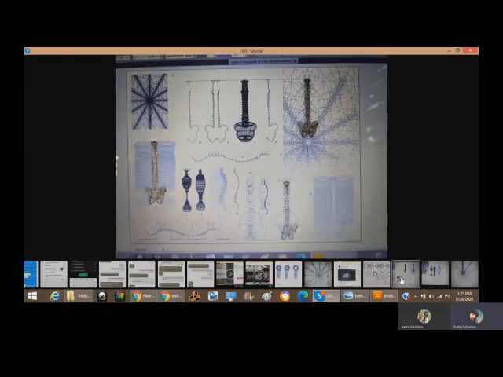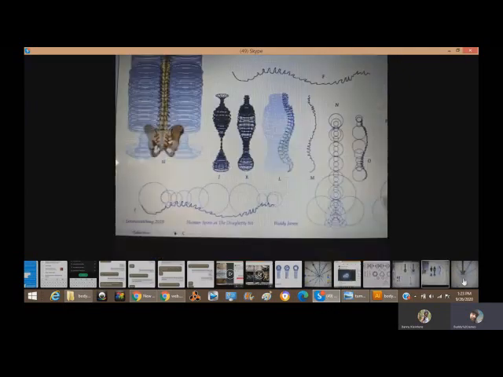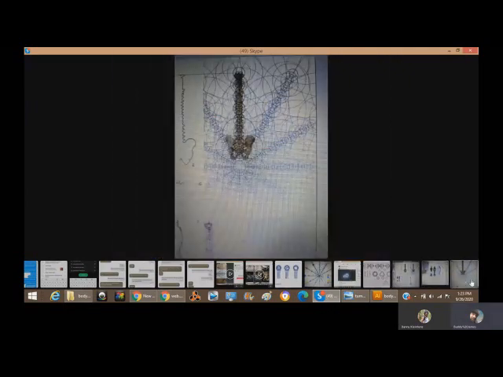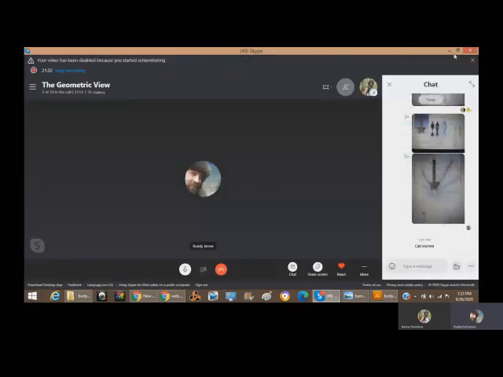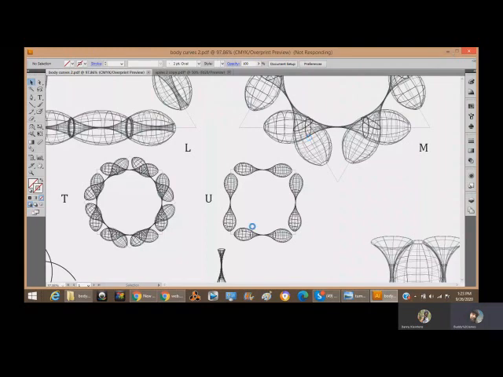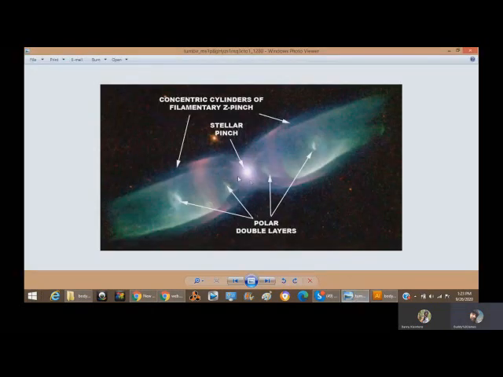Here's a picture of what we were going through. Some other images. Let's see what else we got here. Okay, so that's taken a minute, obviously. Oh, here we are.